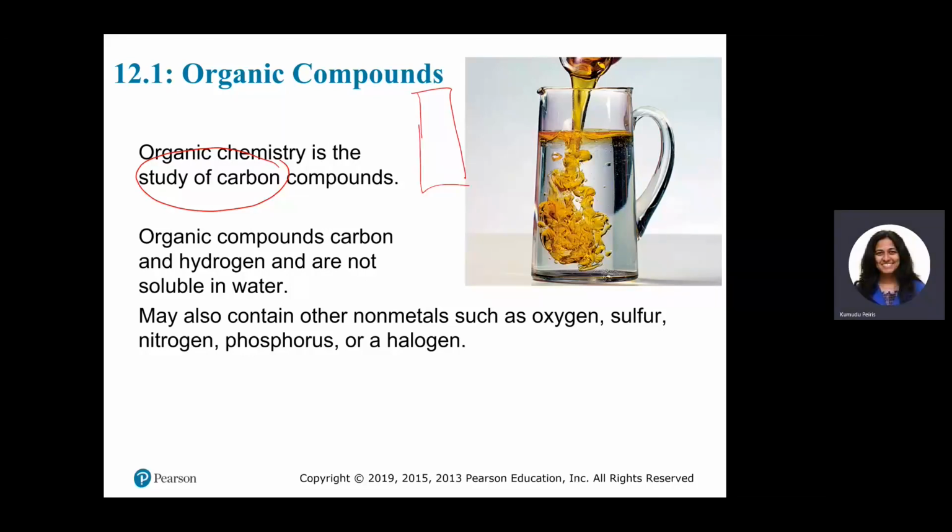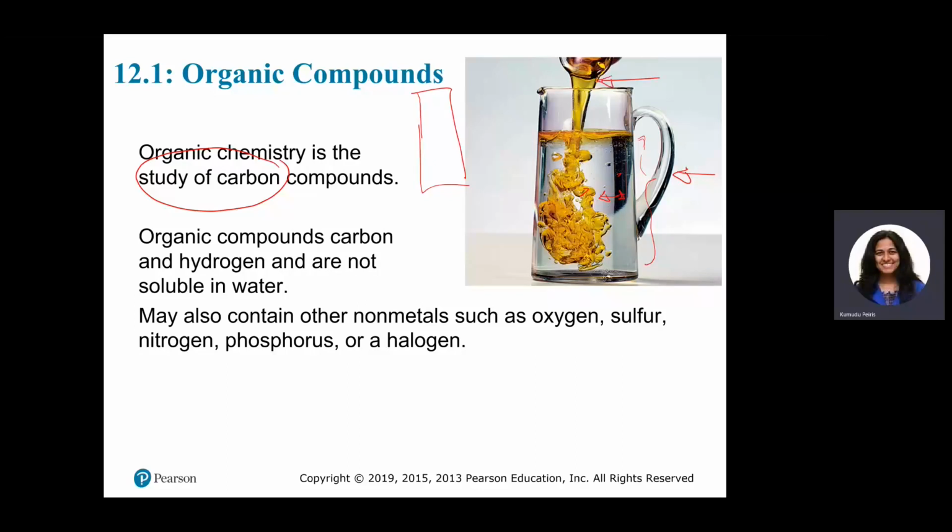If I just look at the organic compounds, here in this picture you will see oil pouring into a jar of water, and we do not really see the mixing of the oil and the water.